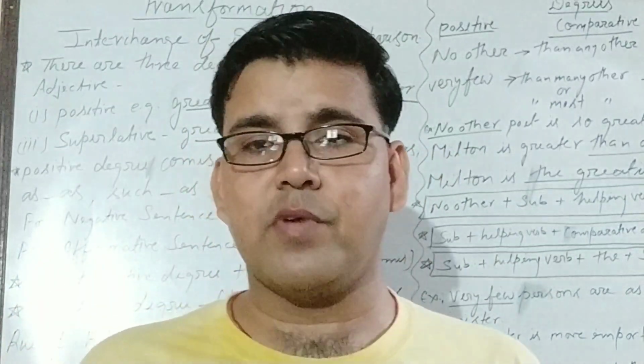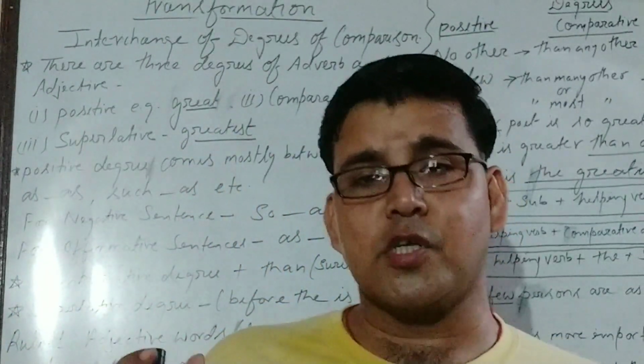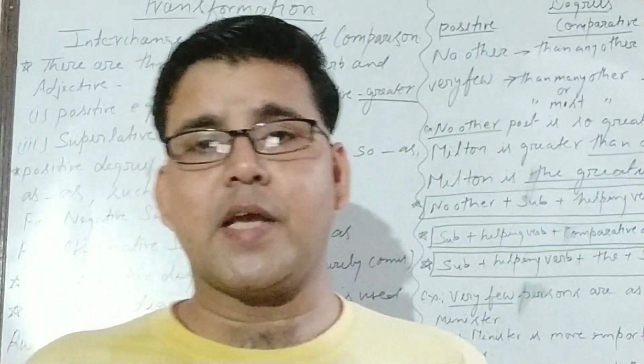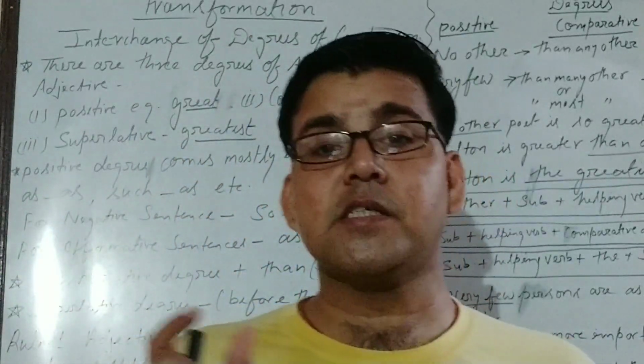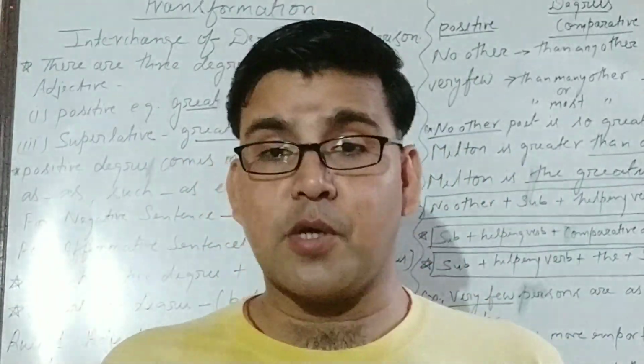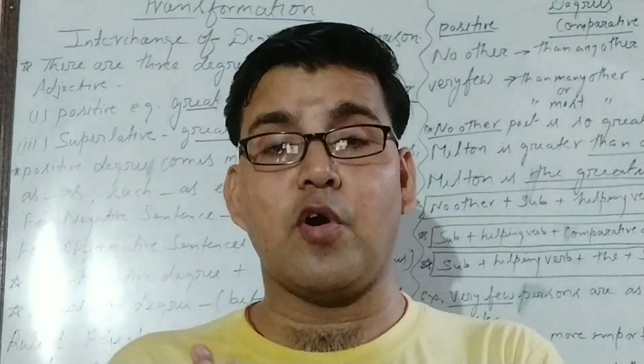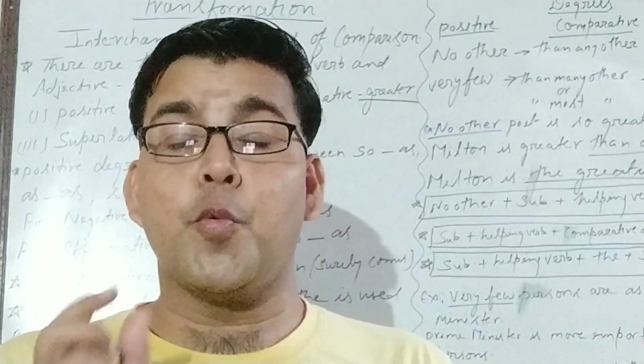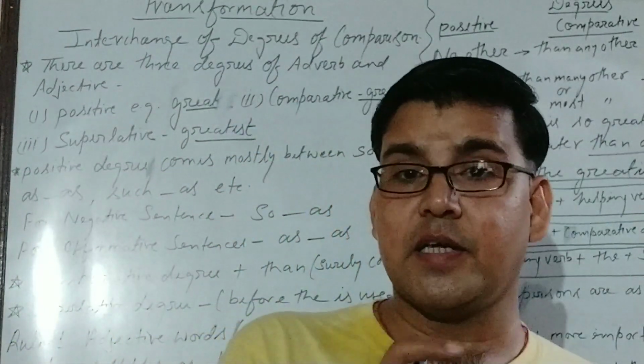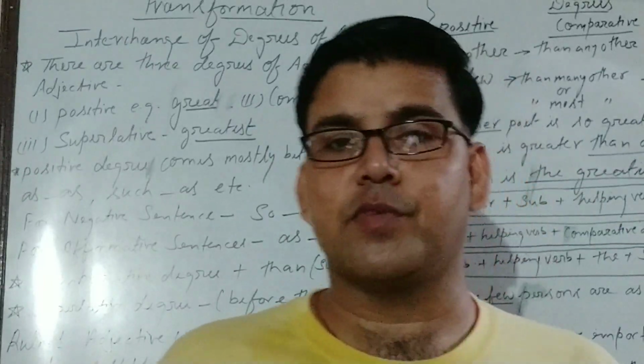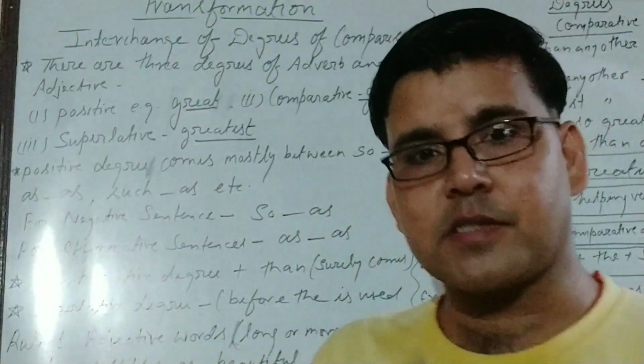Best is the third form of adjective. This is called superlative form. So before superlative degree, we have to use the article the, or one of the. Got it? It must come.